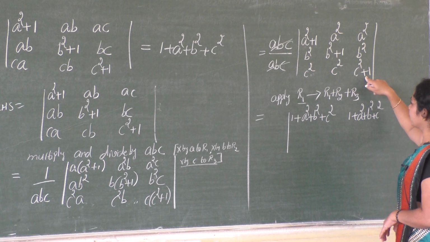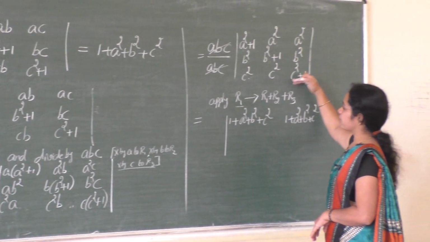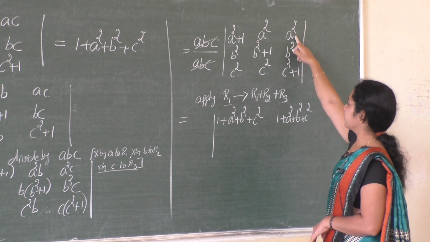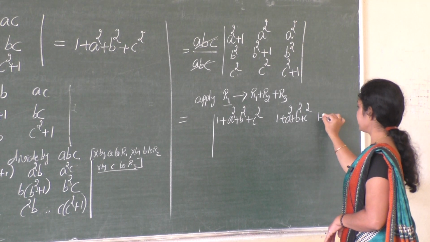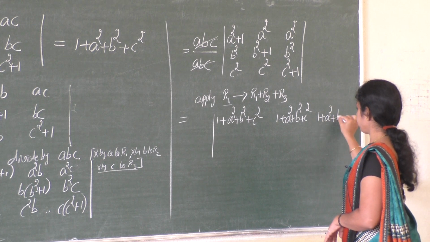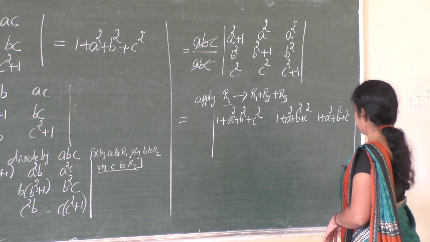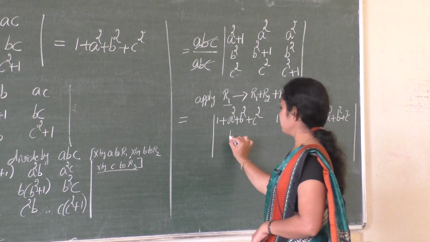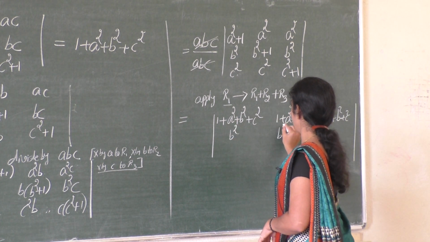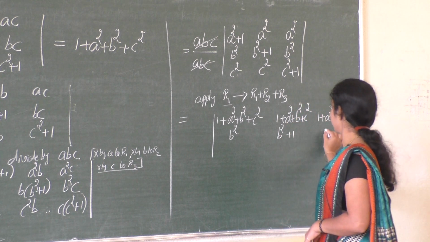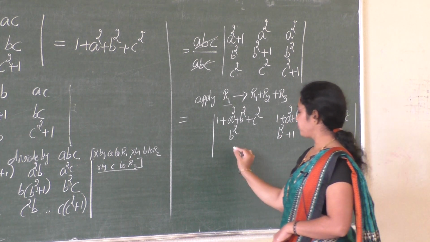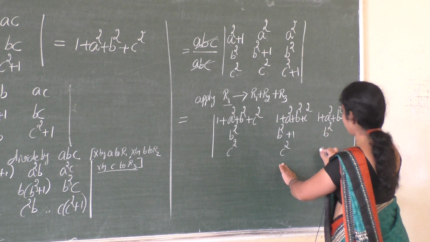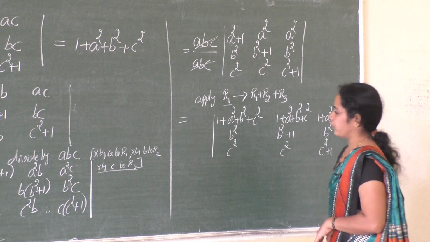Similarly, in the third column, we add the first, second and third rows. Same here, 1 plus A square plus B square plus C square. Now the second and third rows remain the same: A square, B square plus 1, B square, C square, here C square plus 1.